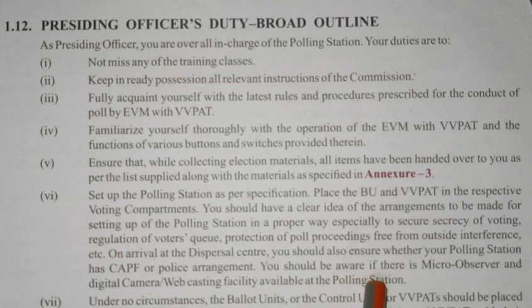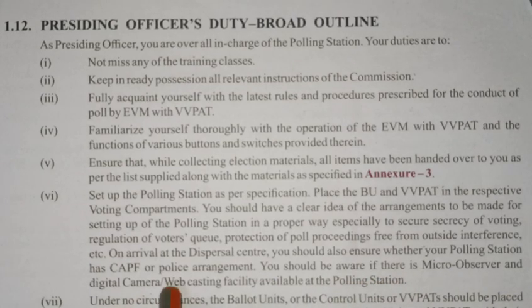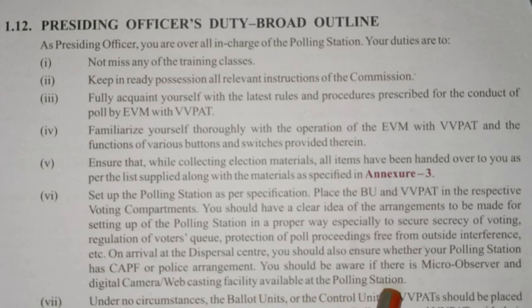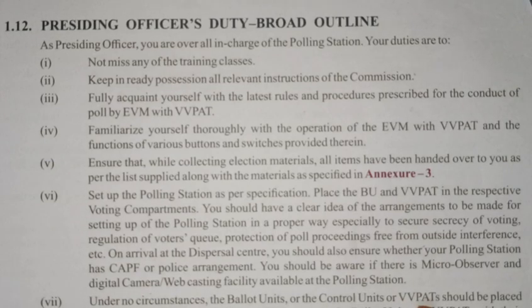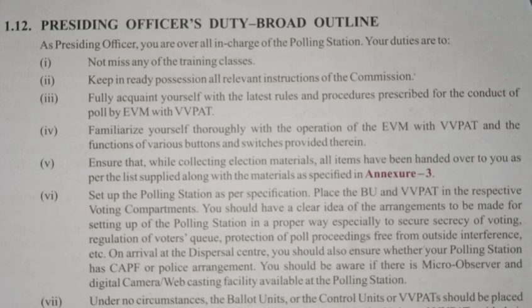You should be aware if there is micro observer and digital camera webcasting facility available at the polling station. Under no circumstances should the ballot unit or the control unit or VVPAT be placed on the floor. They must be kept on a table.